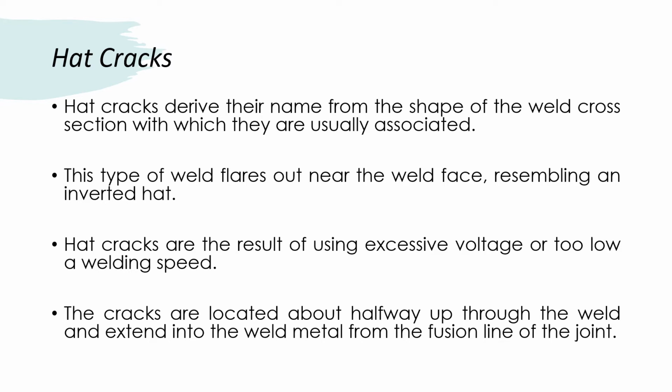Hat cracks are the result of using excessive voltage or too low a welding speed. The cracks are located about halfway up through the weld and extend into the weld metal from the fusion line of the joint.